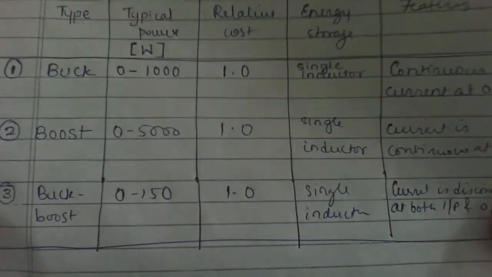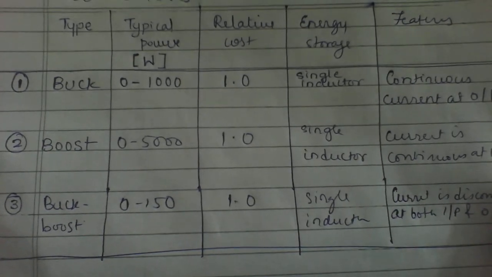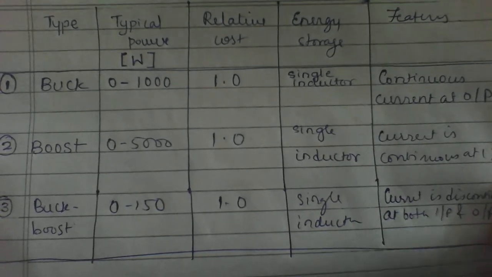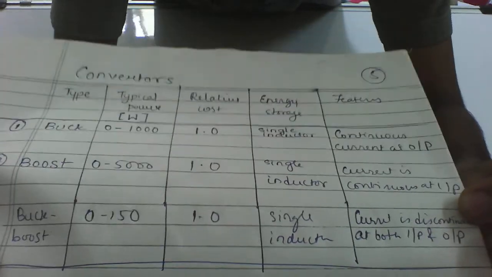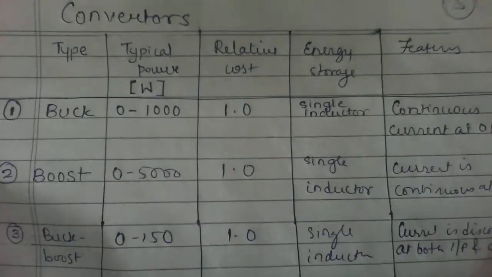Last but not the least is the buck boost converter, which has a typical power output of 0 to 150 watt, a relative cost of 1, a single inductor, and current is discontinuous at both input and output. This was the complete overview of how an SMPS works and what a switch mode power supply is. Thank you.